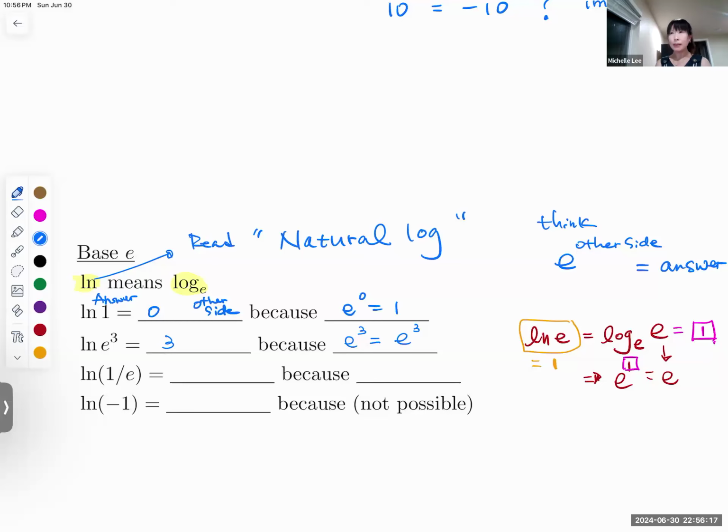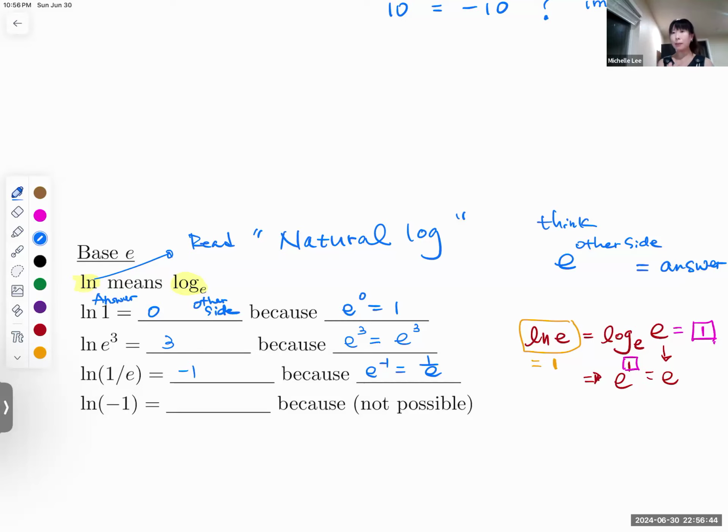All right. Now, how about this? The base e to the other side to make 1 over e, that is -1, right? Because e to the -1 makes 1 over e. Yeah, you guys okay with this?